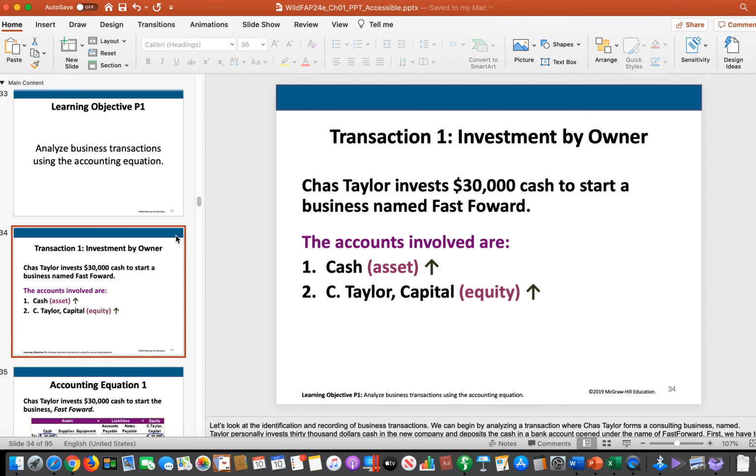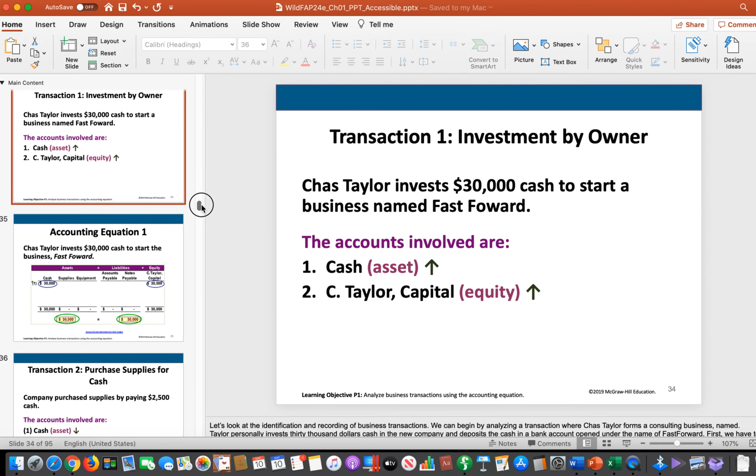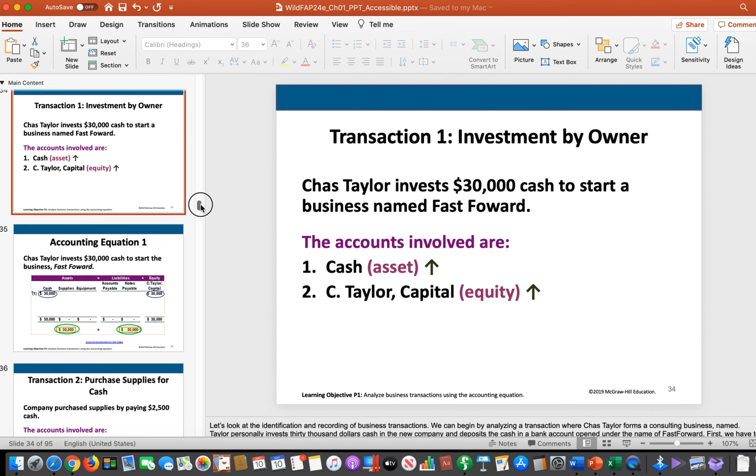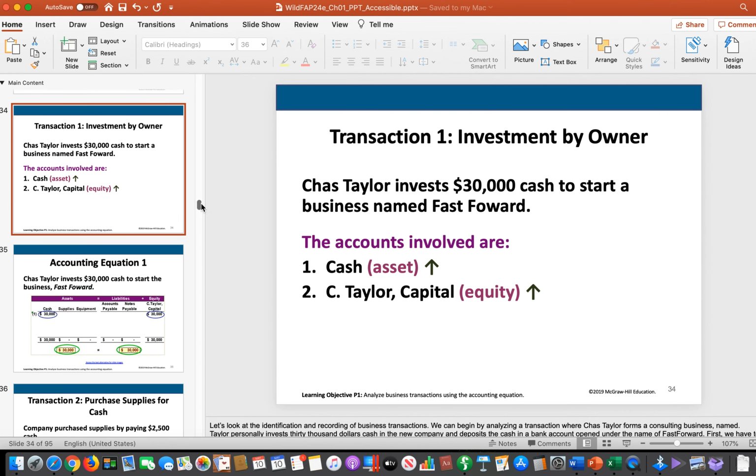Anyway, let's say there's a person named Charles Taylor, or Chaz Taylor. This person invests $30,000 to start a business called Fast Forward. Now, cash is an asset. It is something that the company owns.